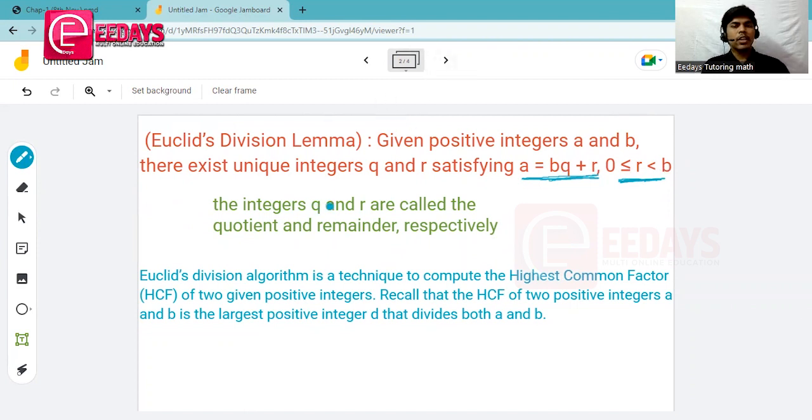Here the integers q and r are the quotient and remainder. I think you'll get some idea about what the Euclid division lemma is, right?